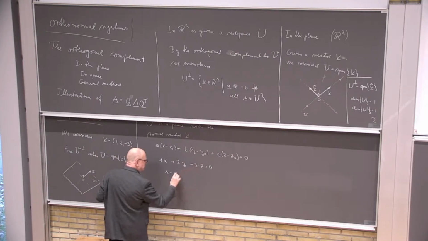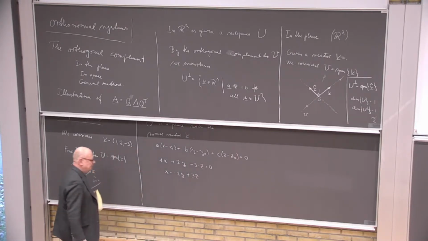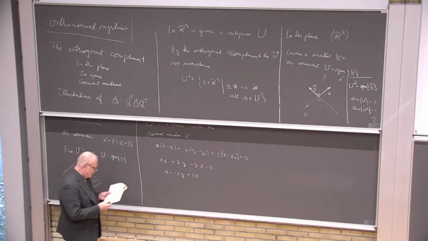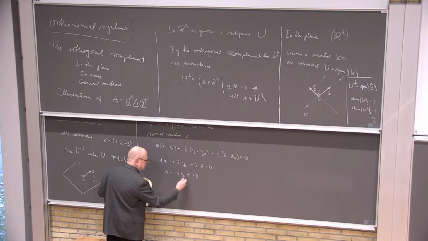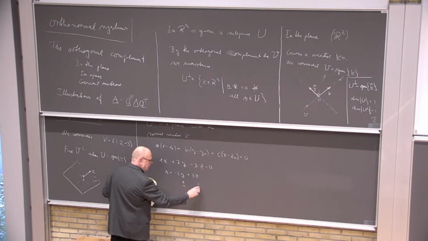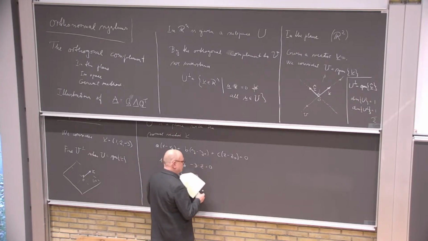I move this to the other side. I have minus 2y plus 3z. And then if I call this number here s, a free parameter, and this number here t, I can write down the solution.